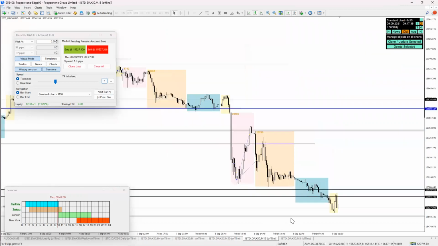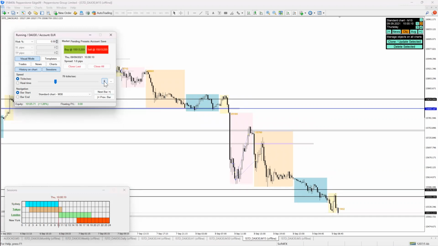If 15 minutes come to a close. Guess that was the pullback, more or less halfway of Asian range, and then continue.